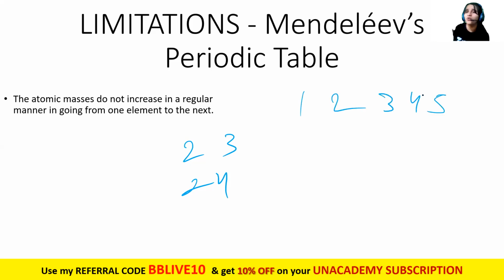Yeah, just going in straight numbers. But nothing of that sort was there. There was no arithmetic progression in which my elements were placed. They were just there. That was another limitation for Mendeleev's periodic table.